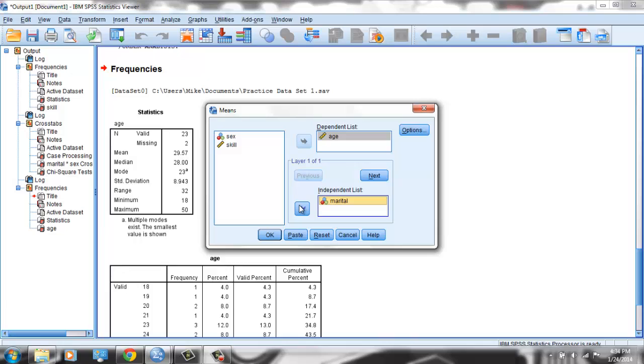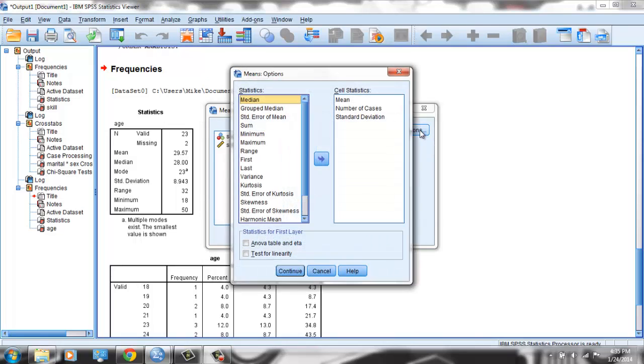We're grouping the cases by marital status and then finding out the means and standard deviations from there. So the dependent list, essentially we're saying, we're looking to see if marital status predicts age, which is kind of a weird way to look at it, I know. But that's how we get the table to come out the way we want it to come out.